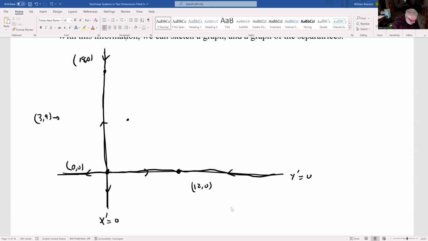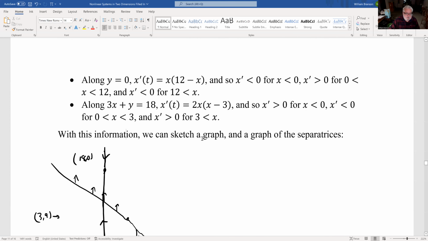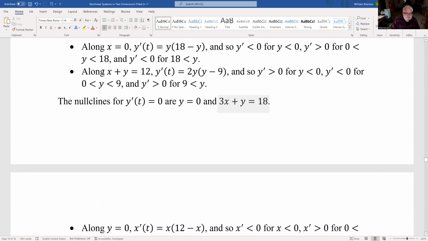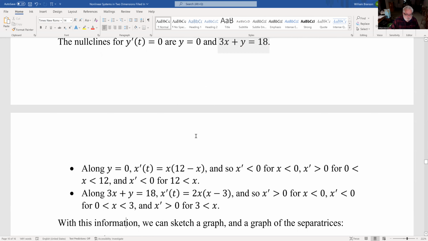So the other nullcline is a nullcline for x that runs through here. This is the line x + y = 12. And along this, we have y going up here, and then y goes down here, and y is up here. Right? That's this nullcline with this kind of information on it.